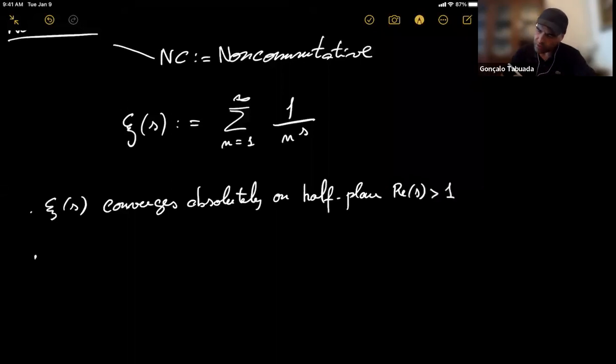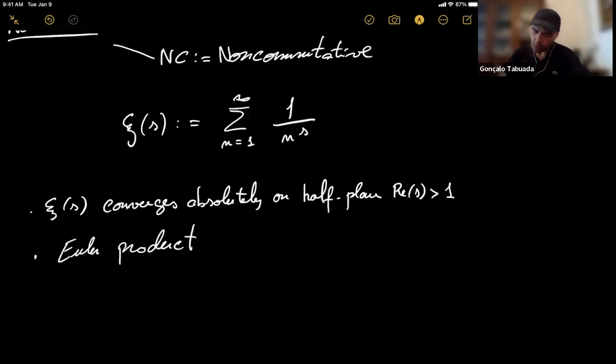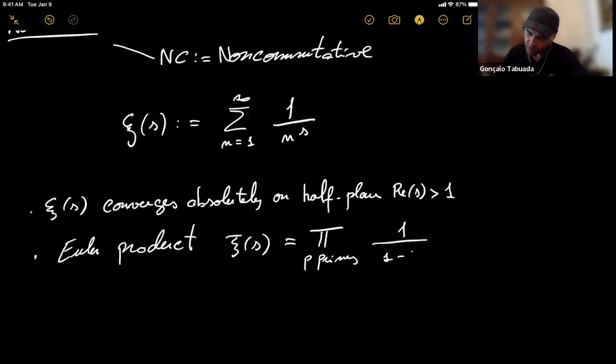We also know that it has an Euler product, which we can write as a product over all primes of 1 over 1 minus p to the minus s.